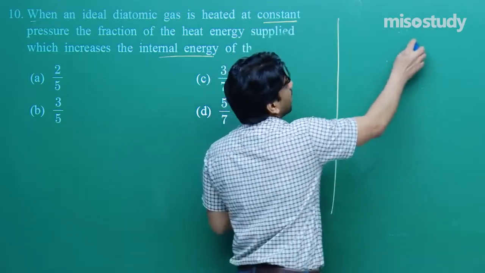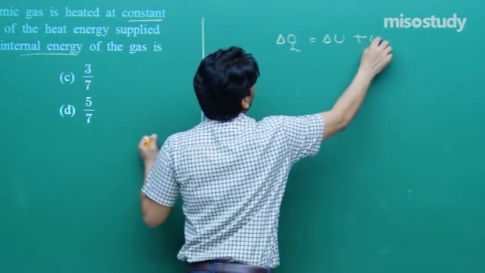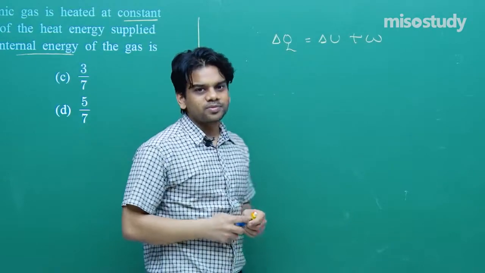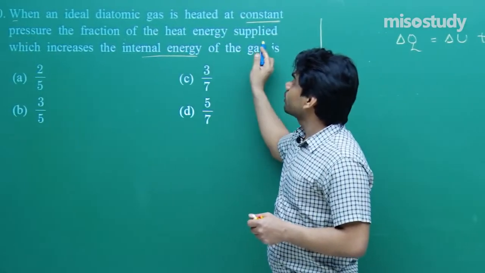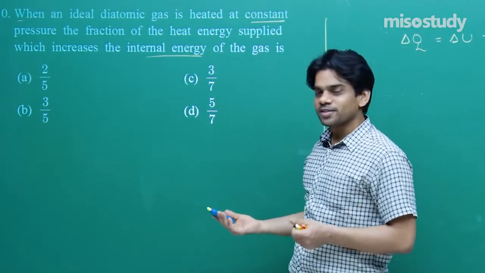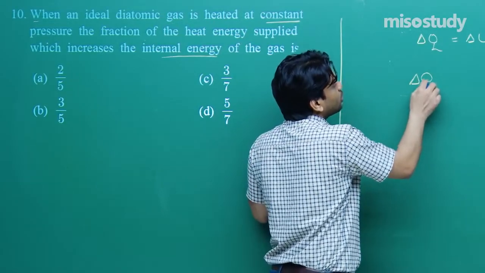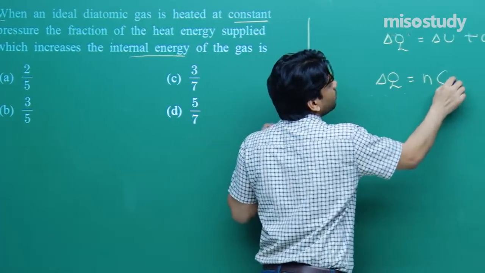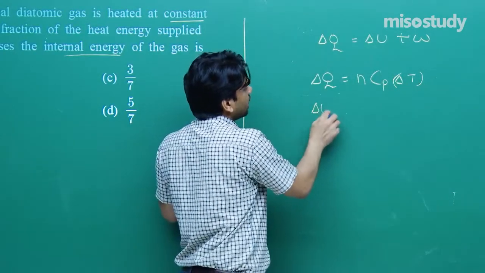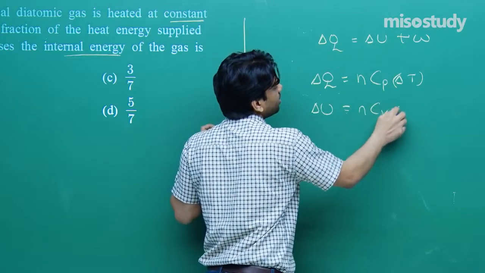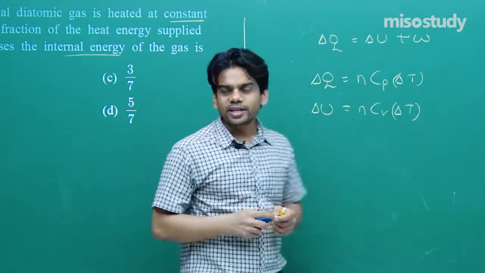So we all know that delta Q is equal to delta U plus W. This is from the first law of thermodynamics. What we require is the fraction of heat supplied which increases the internal energy of the gas. So what you can use? You can use delta Q is equal to NCP delta T, and delta U is equal to NCV delta T. I have told you in detail about all this.